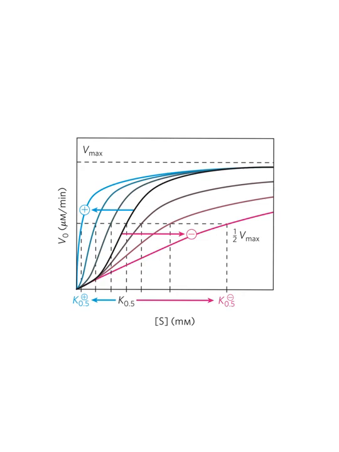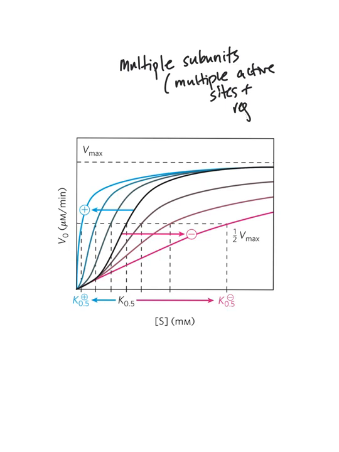And this graph is specifically for an enzyme that has multiple subunits, and you can see that in the book. So that means you've got multiple active sites and regulatory sites for both the positive and the negative modulators.